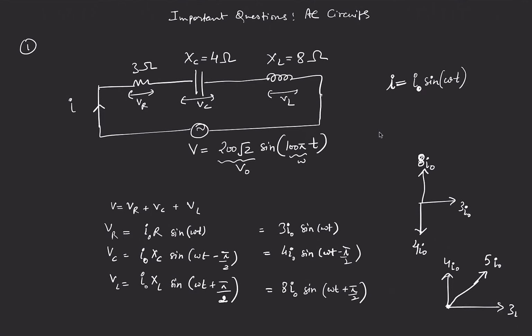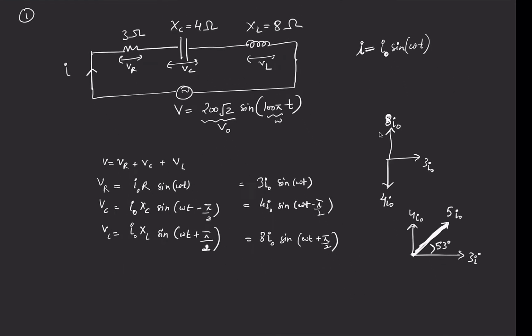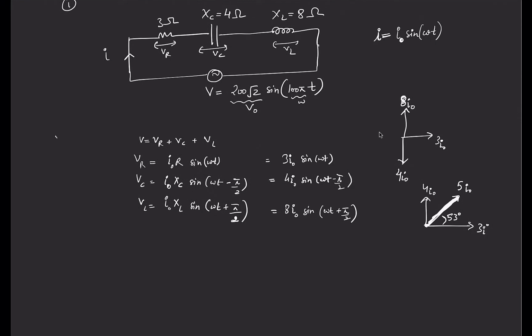So this is 3 I naught and this is 53 degrees. So from this we know that the net voltage is 5 I naught.